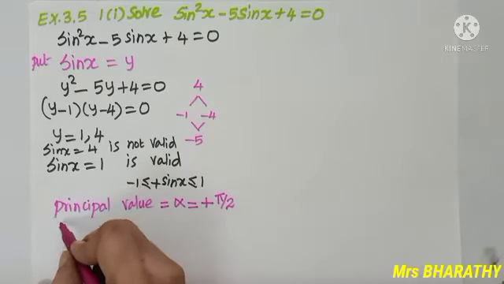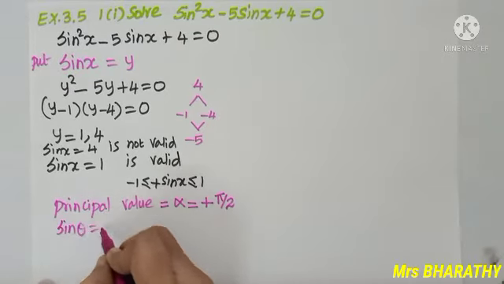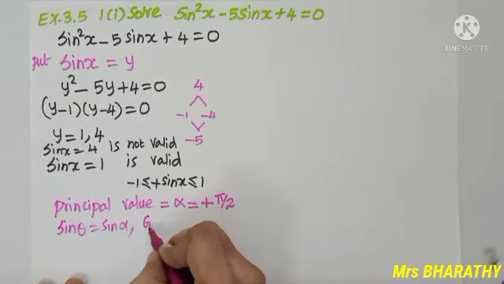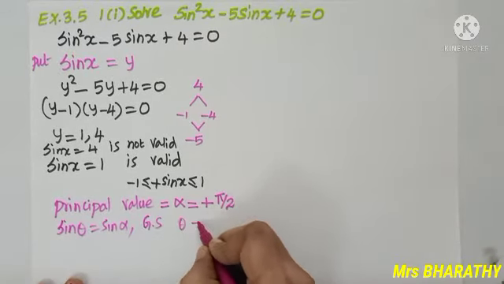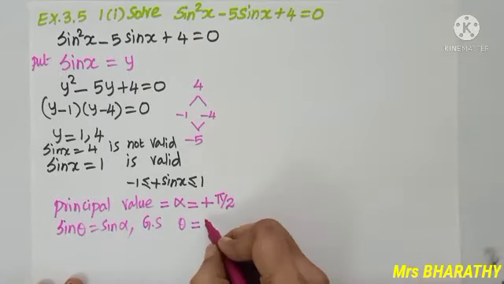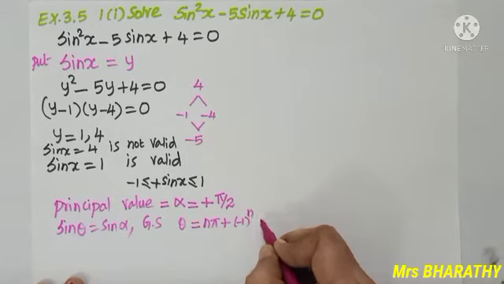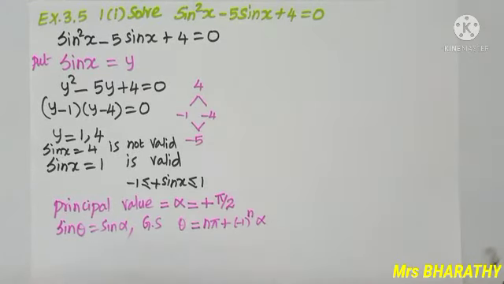And recall the formula, sin theta equals sin alpha. We write the general solution, theta equals n pi plus minus 1 power n alpha. In this question, alpha is pi by 2.